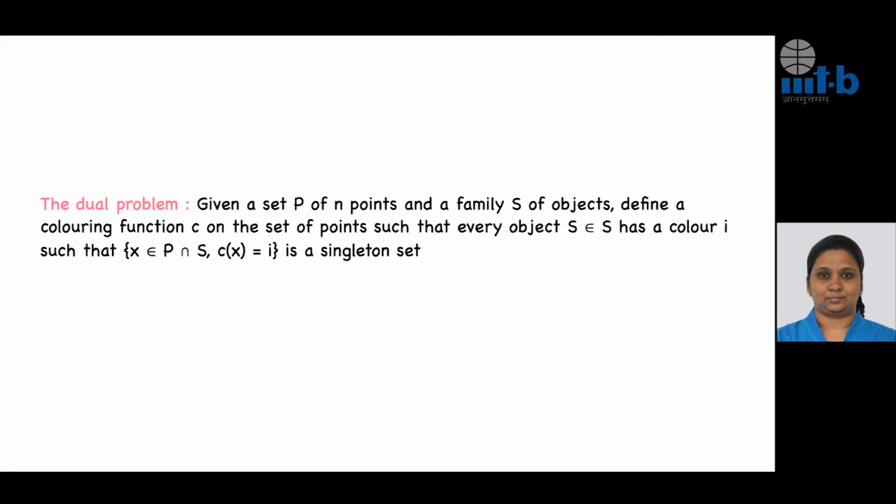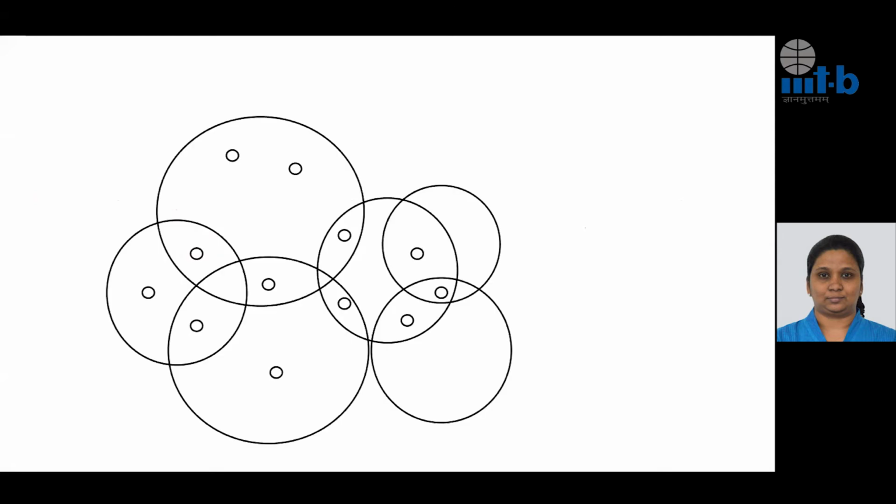So you have a discrete set of points as the vertices, and the hyperedges are defined by disks. Given a set of points and an arrangement of disks, the vertices are the points, and the hyperedges are defined by the disks. That is, all the points contained in a particular disk form a hyperedge.